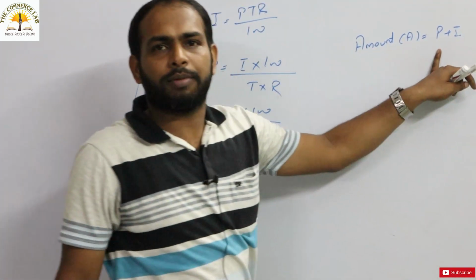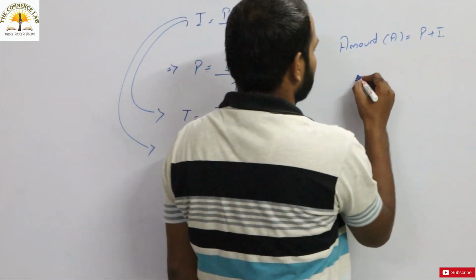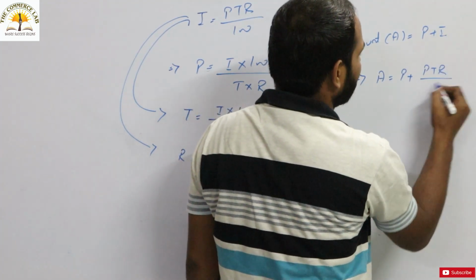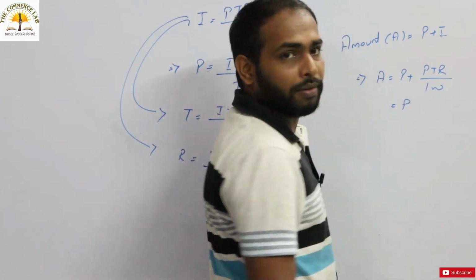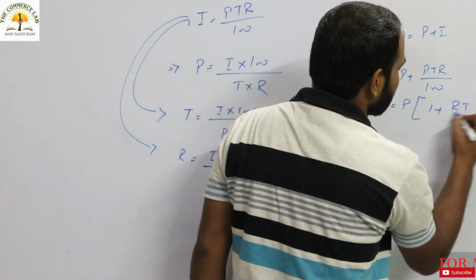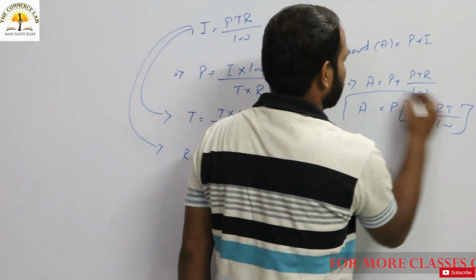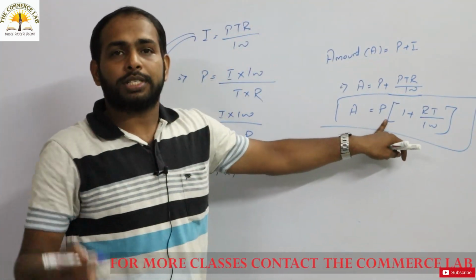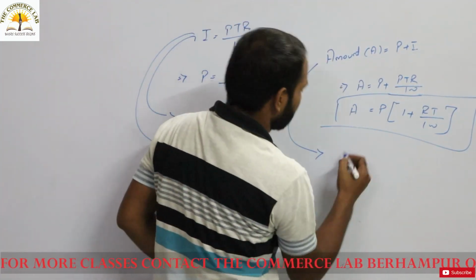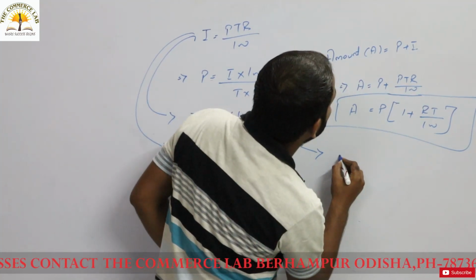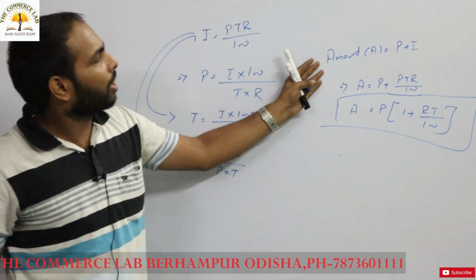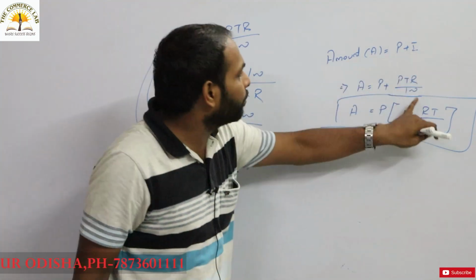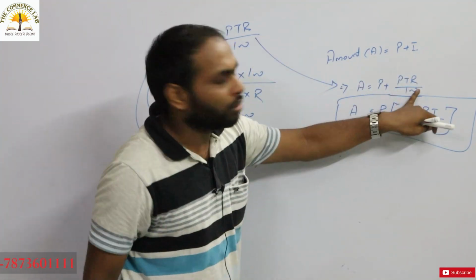Before, we have discussed amount A equal to P plus I. From here, replacing the value of I equal to PTR by 100, A equal to P plus PTR by 100.